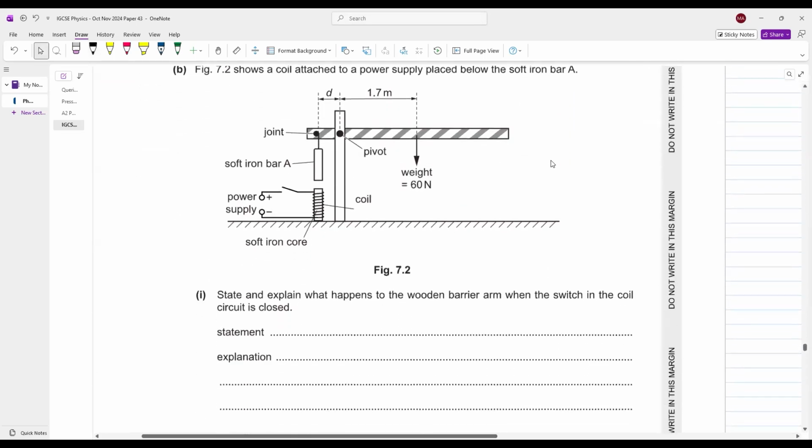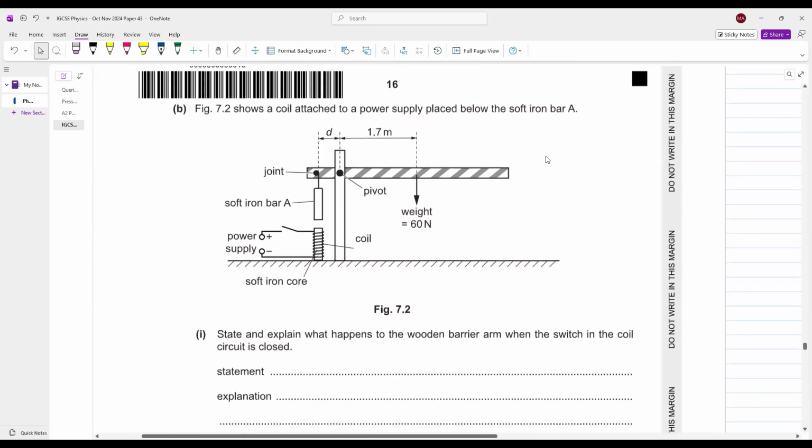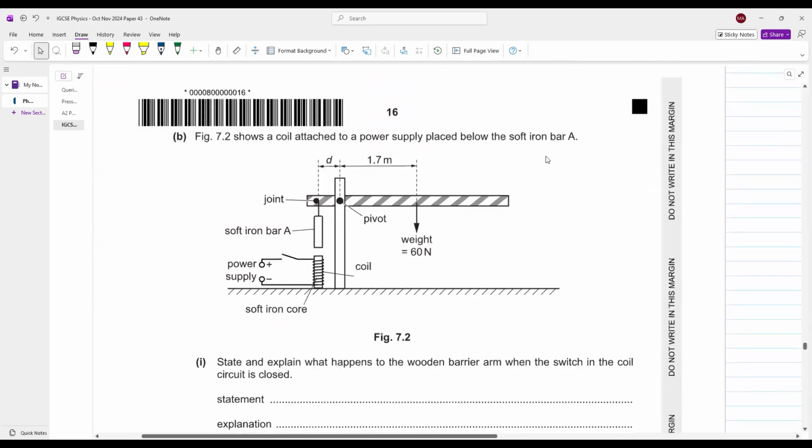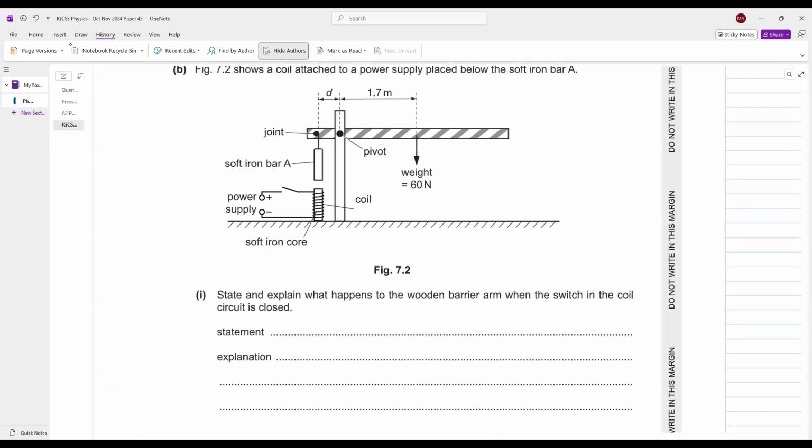Figure 7.2 shows a coil attached to a power supply placed below the soft iron bar A. ठीक है भाई, एक पावर सप्लाई है, उसके साथ एक coil लगा हुआ है below the soft iron bar A. State and explain what happens to the wooden barrier arm when the switch in the coil is closed. बेटा जब ये switch को हम close करेंगे तो what will happen?